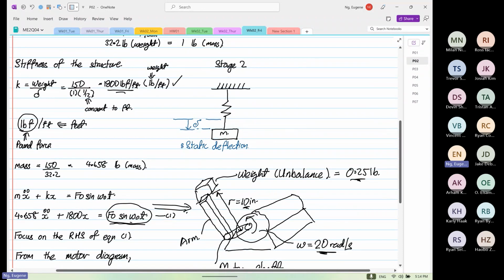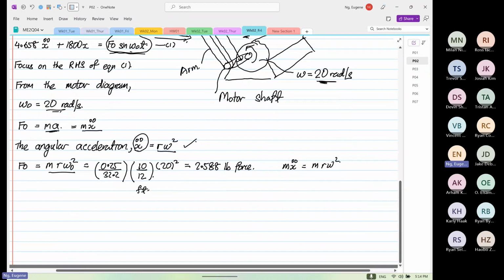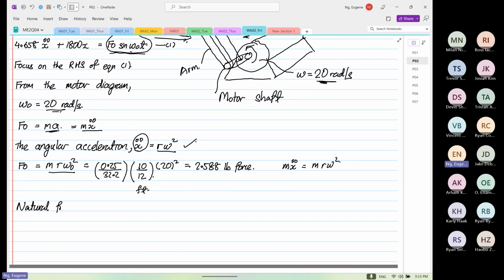The next part is the natural frequency. So we find our natural frequency. So this is omega n, or natural frequency, which is omega n, and this will be square root what? K over m. So we know that our stiffness is 1800, and our mass is 4.658.